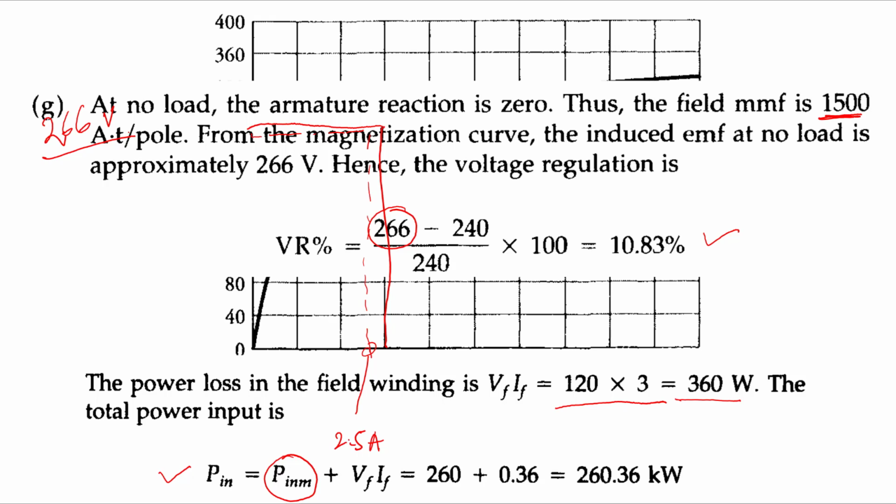If you are given the readings of the open circuit test, you can plot it and you can do it, right? Suppose the readings are given of the open circuit test, and you will use that and plot the graph, and from the graph you'll do it, right?